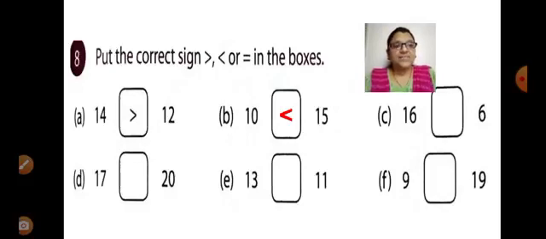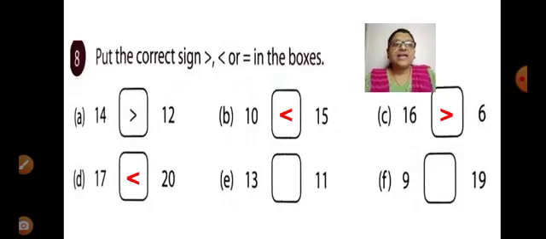Next C. 16 and 6. Here again, 16 is a 2-digit number, 6 is a 1-digit number. Hence, 16 is more than 6. Next, D. 17 and 20. Now here, children, if we look at the tens places, we can say that number 17 is less than number 20.